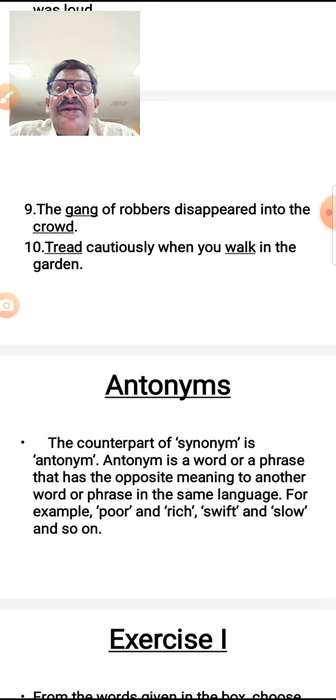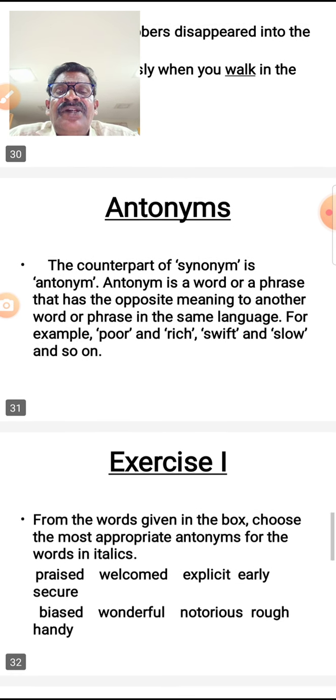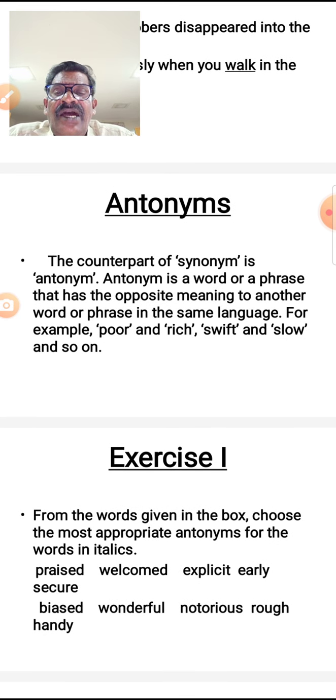Examples have been given here: poor and rich, swift and slow. So these are some examples for antonyms.